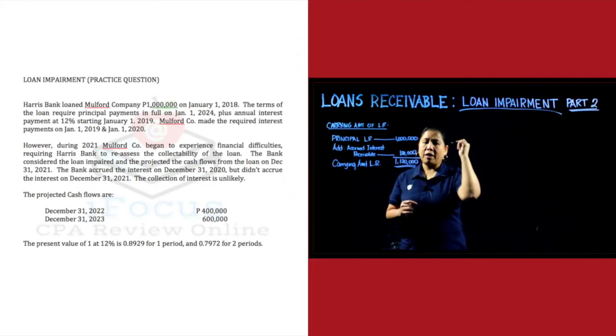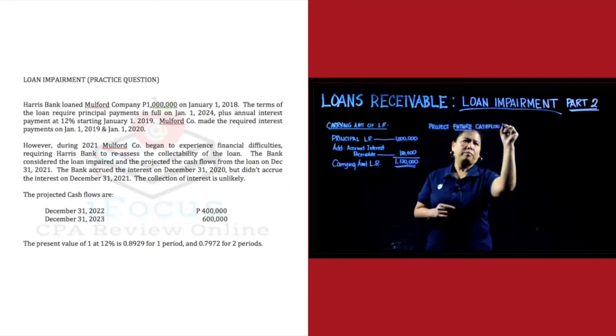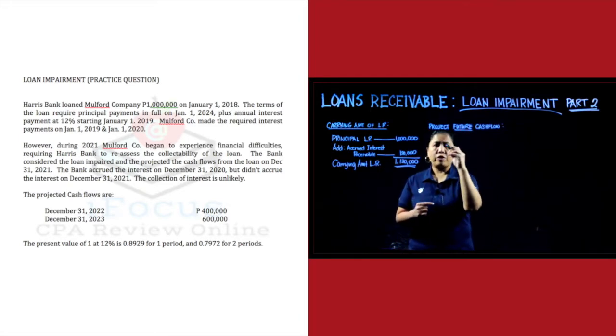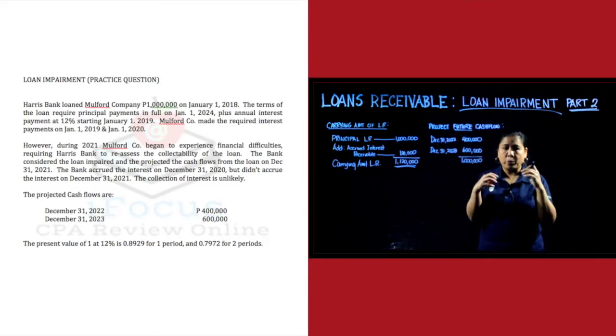So, ilagay muna natin dito yung projected cash flows, yung pwede pang bayaran ng borrower sa bangko. 400,000 and 600,000. That's equivalent to 1 million of the principal.